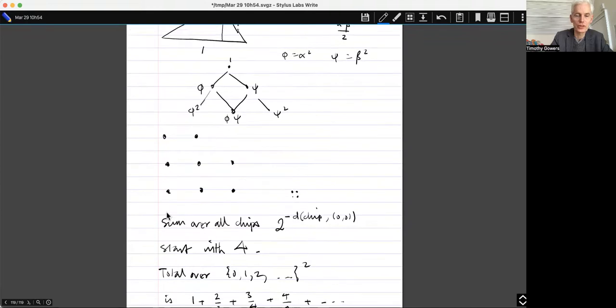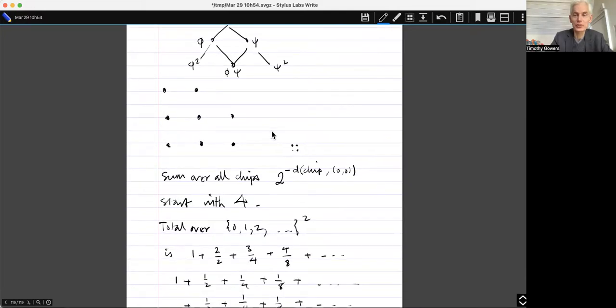So we can reformulate it as you start with 4 chips at the origin. Any chip you can pick up, remove and replace by 2 chips, one just to the right and one just above. And if you want to have no congruent triangles, then what that says is you've got to end up with all the chips occupying different places.